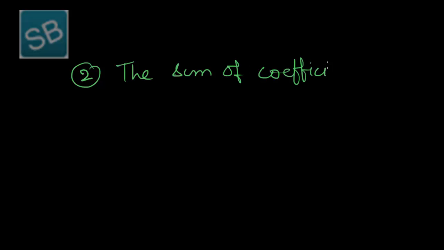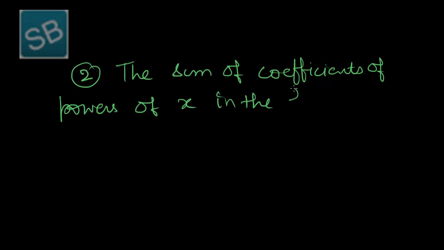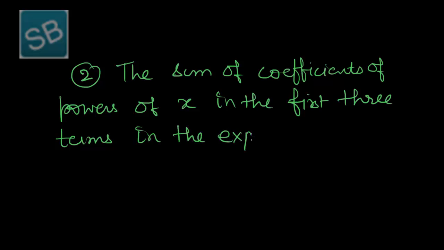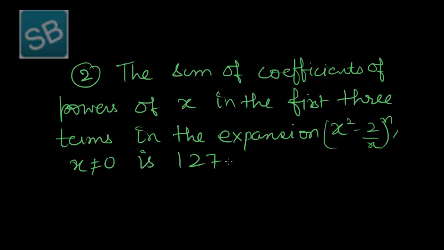Now the next typical problem to be discussed is: the sum of coefficients of powers of x in the first 3 terms in the expansion of (x^2 - 2/x)^n, where x is not equal to 0, is 127.